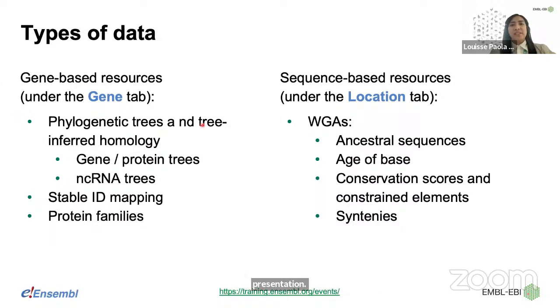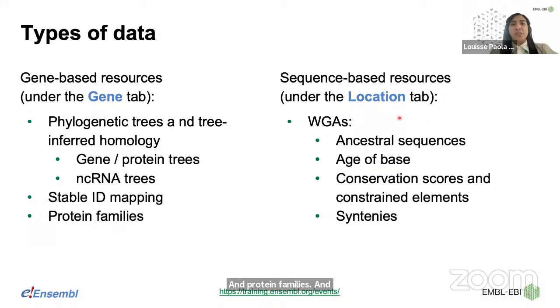We can divide the comparative genomic data in Ensembl into two main types. So we've got gene-based and sequence-based resources. Under gene-based resources, which you can find under the Gene tab, these are phylogenetic trees and protein families.